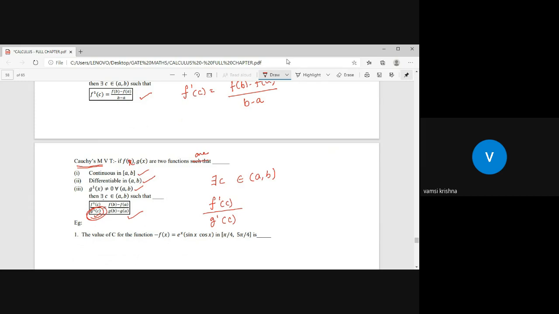If the denominator is 0, you get an indefinite value. That is the reason. So f dash of c by g dash of c is equal to, what do you get? f of b minus f of a by g of b minus g of a. And this is the part we have.